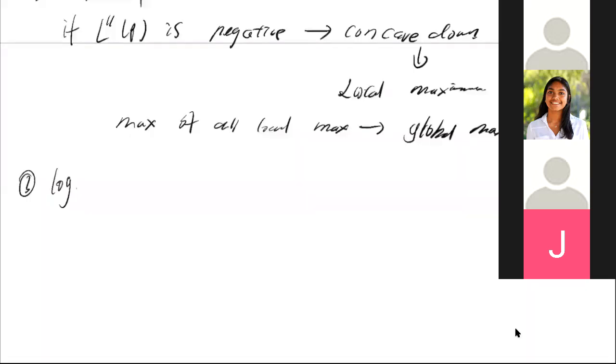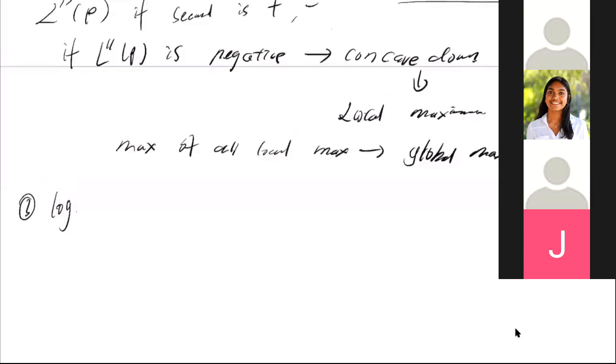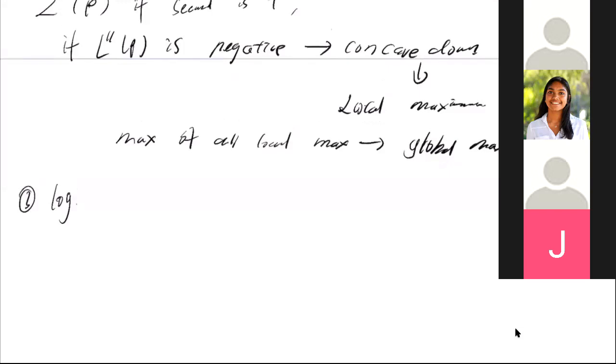Okay, so the third way is using logarithm, and the way we do that is by taking a natural log on the original function. The notation theta is just the notation of probability I'm writing here.